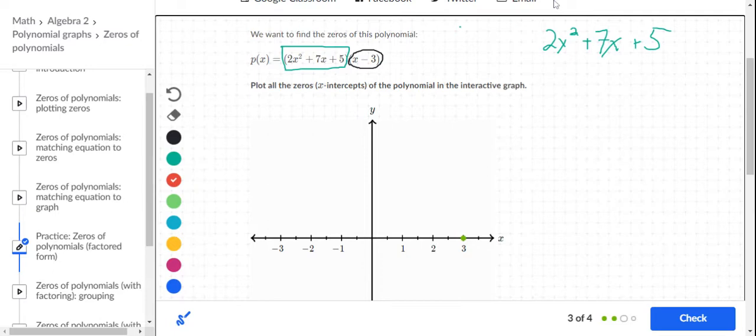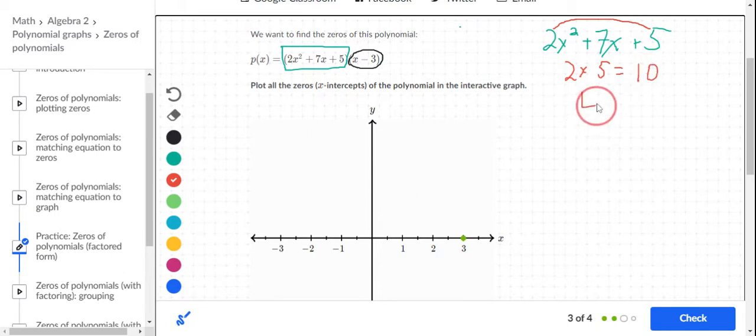So if I'm factoring this, I would have to say, all right, is there a common factor? No. Can I just say what two numbers multiplied equal 5 and add up to 7? Well, they don't exist, right? And that's because of this 2. The 2 out in front tells me I should use grouping, right? So 2 times 5, that's 10.